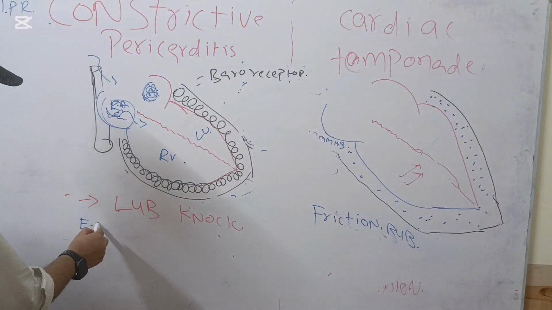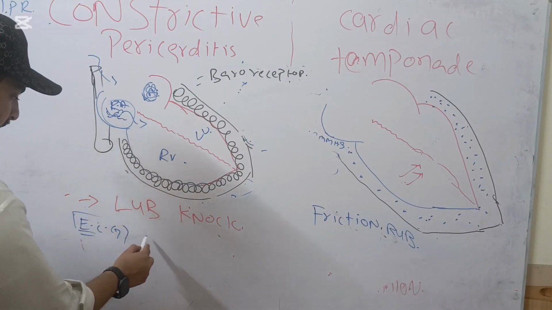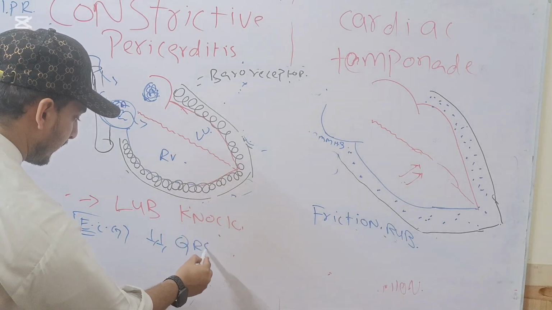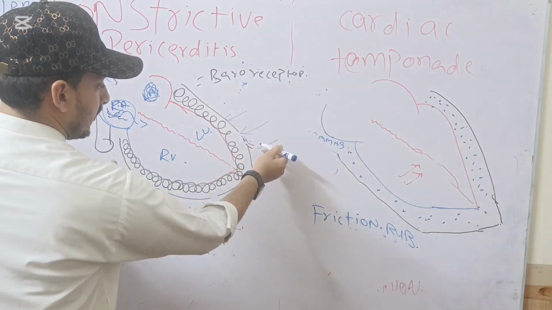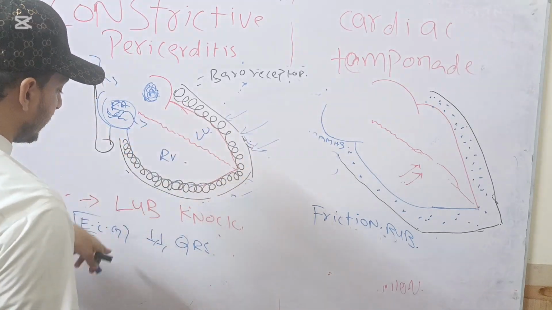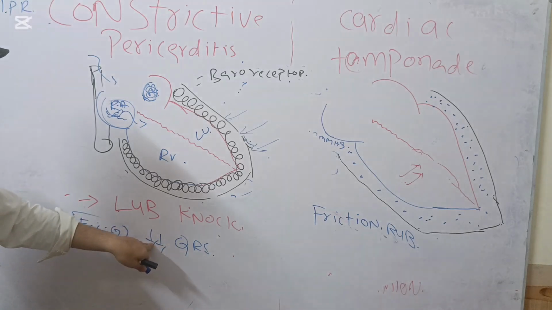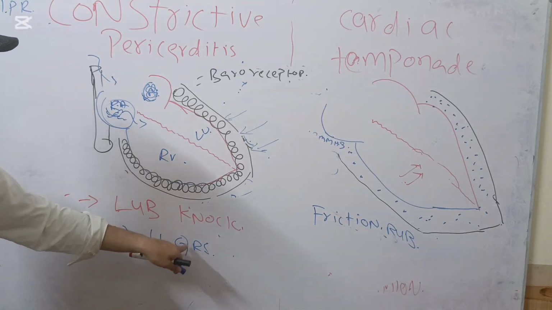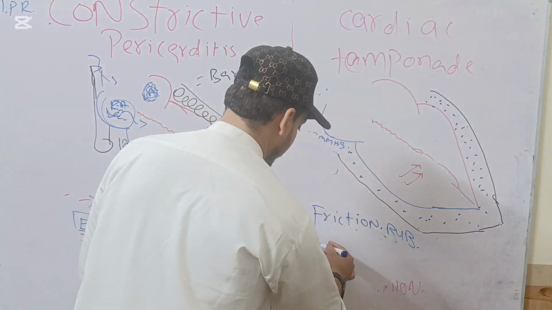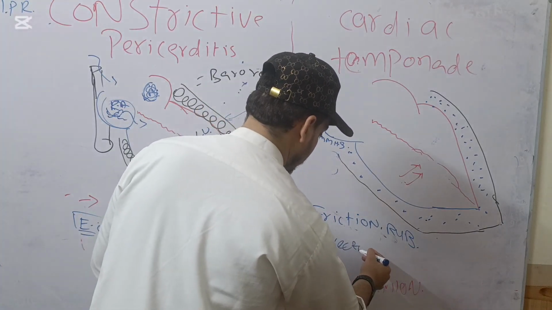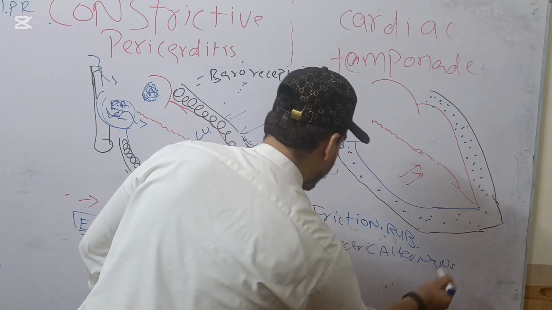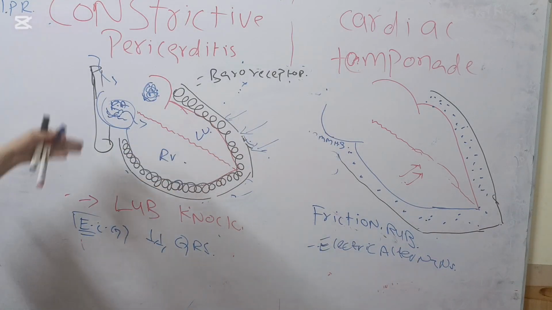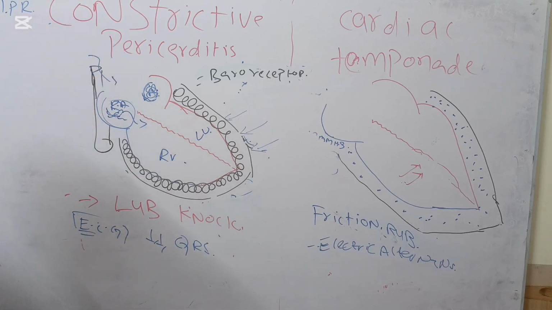On ECG there is a low QRS because the electrical waves do not go through the thick pericardium. Here also there is a low QRS, but with electrical alternans. So there is a major difference between constrictive pericarditis and cardiac tamponade. Now let's move further on.